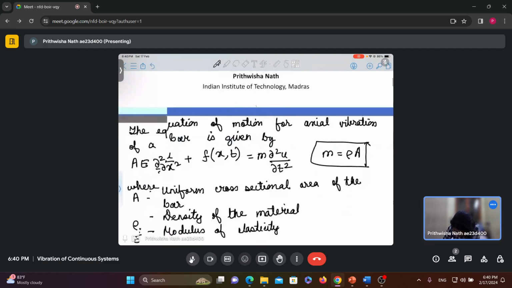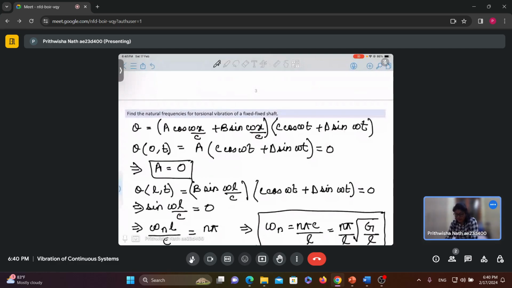So for the first question, what we did is find the natural frequencies for the torsional vibration of a fixed shaft.